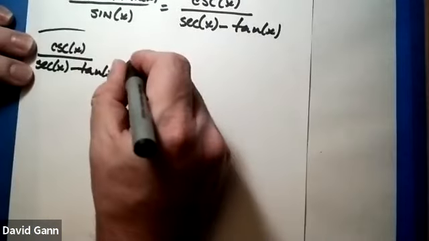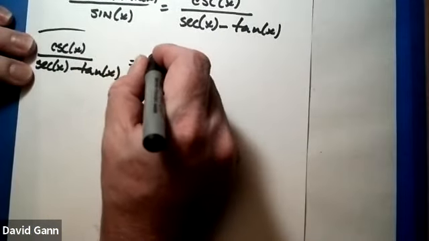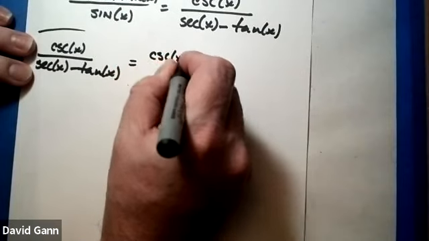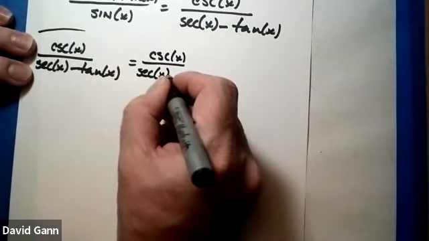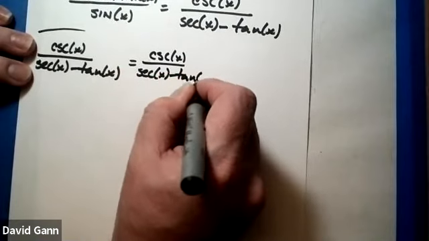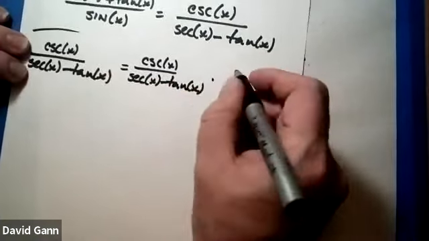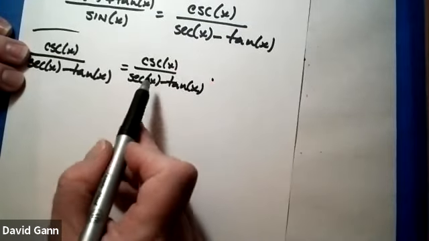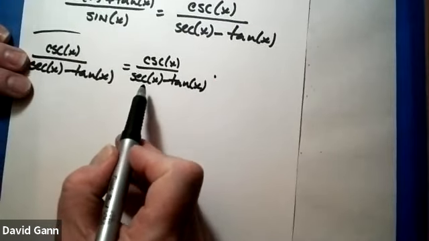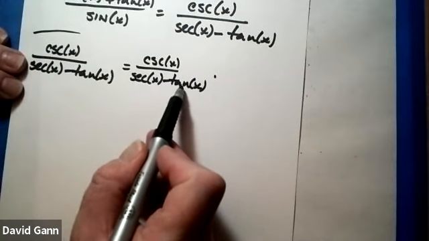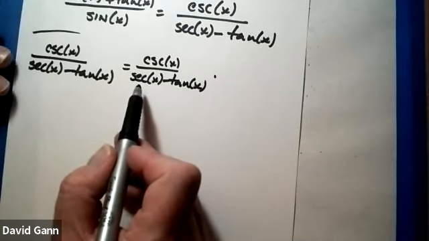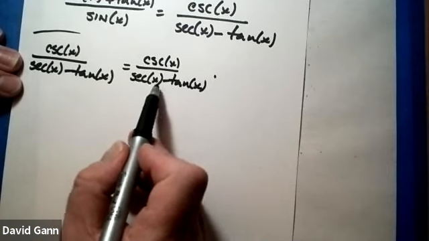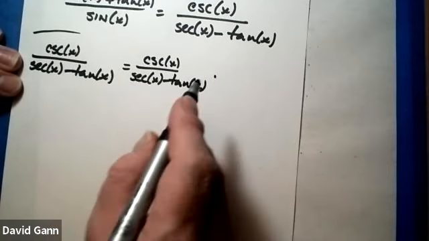Okay, so what I'm going to do here is write cosecant of x over secant of x minus tangent of x, and I'm going to multiply this by the ratio of the first term minus the second term in the denominator. I'm going to multiply by the conjugate, what I call the trigonometric conjugate, which is the first term plus the second term.